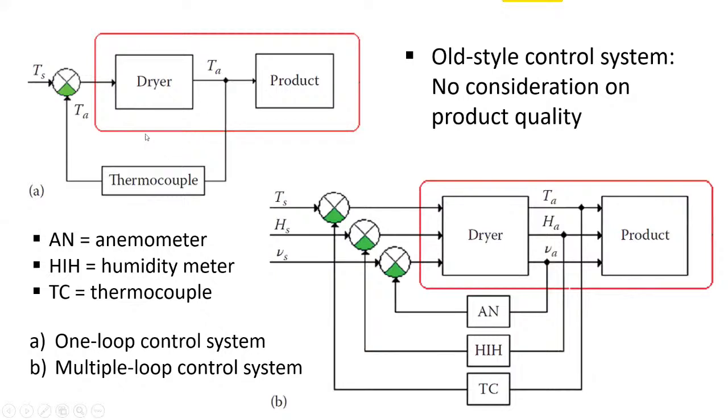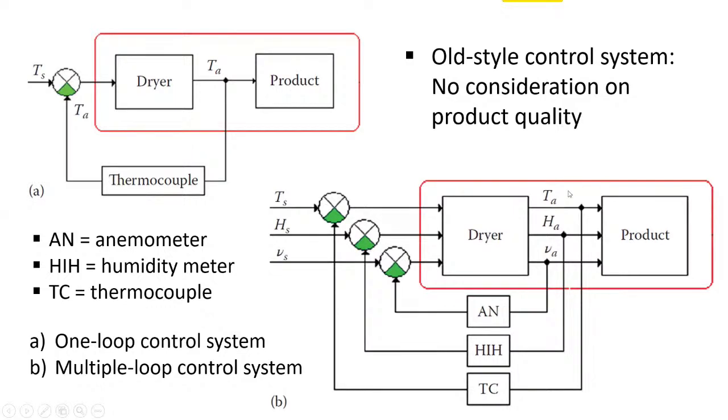Probably we can control the temperature, air velocity, and humidity. For the first system, we only control the temperature. We don't control the air velocity and humidity. In the second system, we can control the three parameters here.